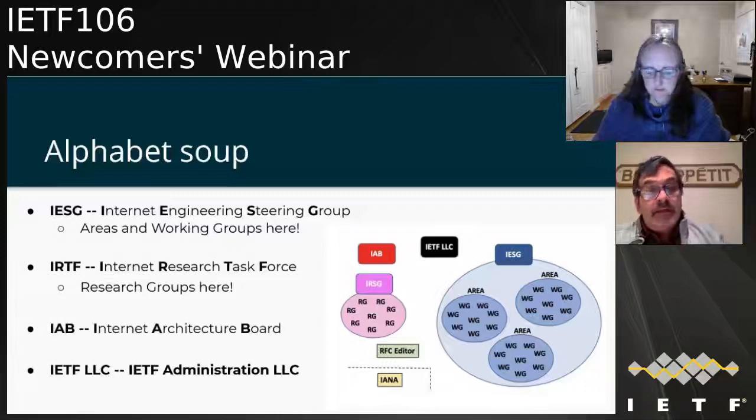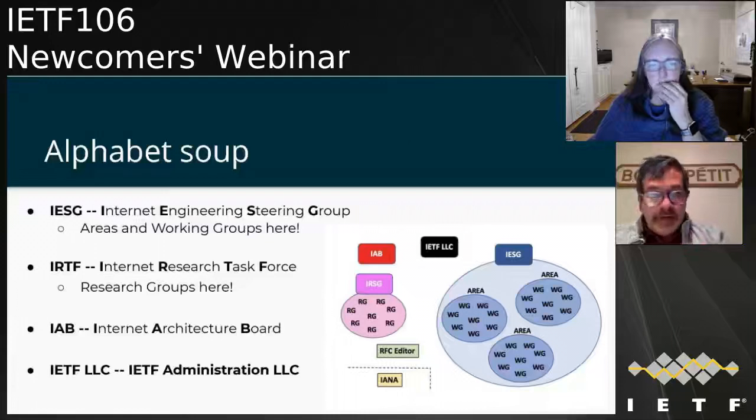The IESG, Internet Engineering Steering Group, is the technical leadership of the IETF, and has all of the RFCs or would-be RFCs flow through the IESG before going out to the general membership mailing list for review or final comment. There's the IRTF.